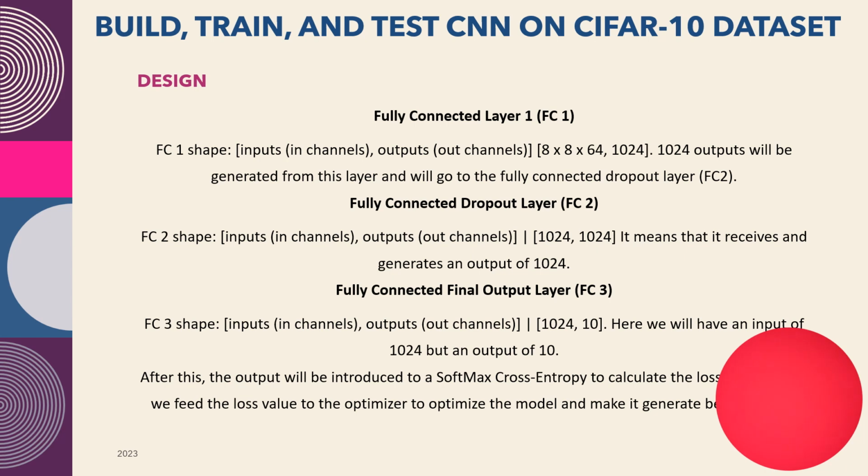And each one will belong to each one of the categories that we mentioned before, such as cars, trucks, dogs, deer, and so on. After this, the output will be introduced to a softmax cross entropy to calculate the losses, and we'll feed the loss value to the optimizer to optimize the model and make it generate better results.